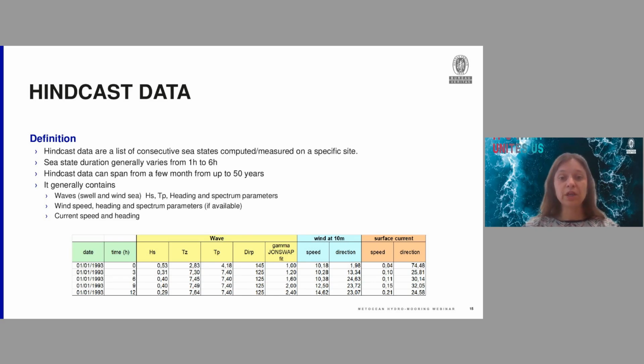Most of the time we will find waves that can be swells, wind seas, or both, and the parameters of this wave spectrum. We will also have the wind speed and heading, and the same for the current speed and heading. The hindcast data can be 6 months of data, and it can be up to 50 years of data. It really depends on the model that was used and the measurements on site.